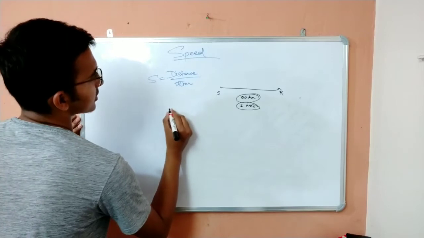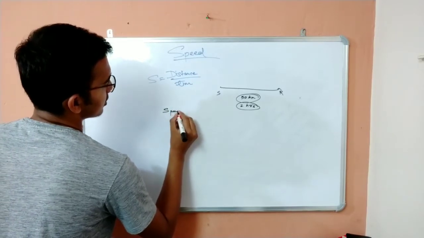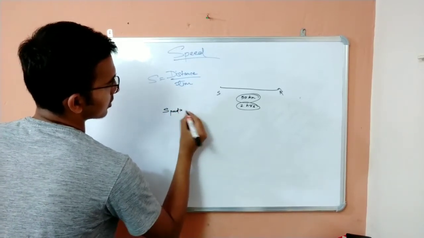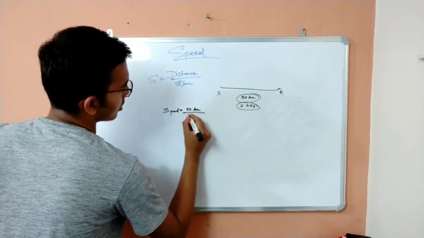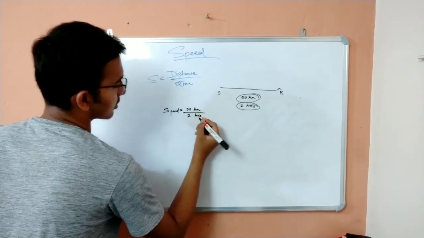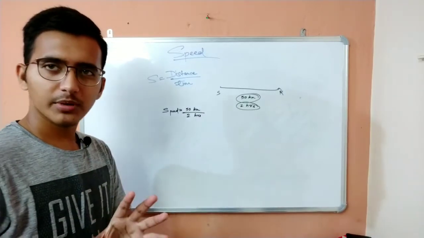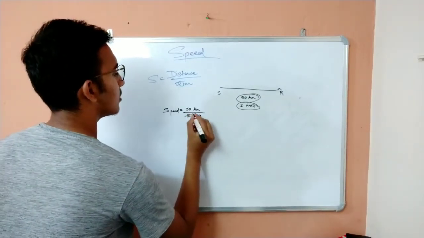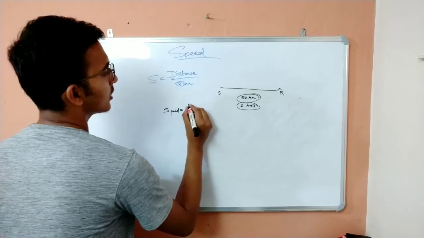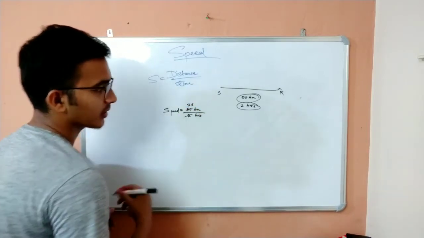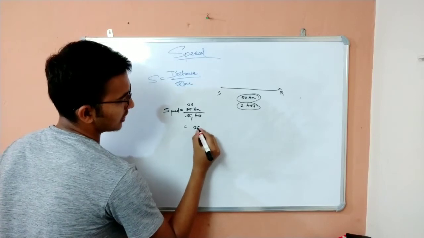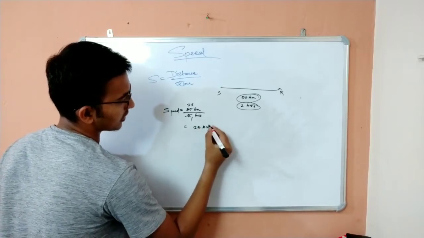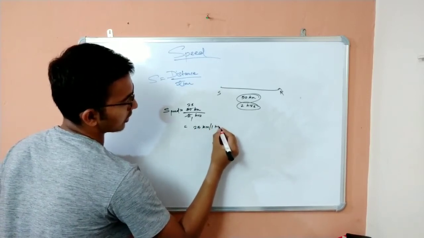That means the speed will be what? 50 kilometers by 2 hours. Isn't it? Now 2 and 50 gone, 25, and this is 1. So 25 kilometers per 1 hour.